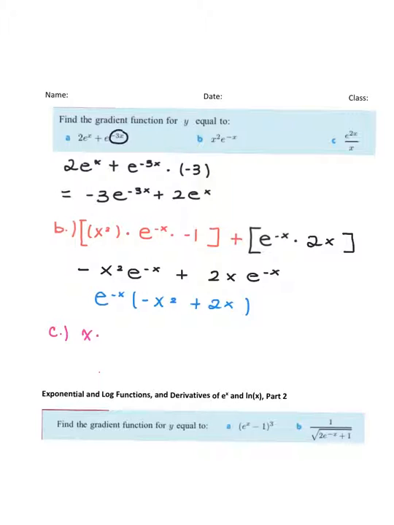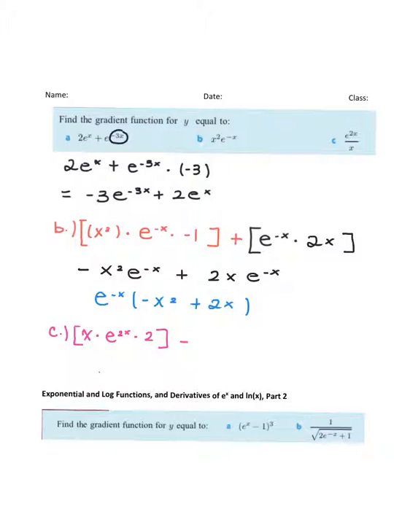Oh, sorry. Low d high, right? So low is this, then the derivative of the numerator. I meant numerator. My mistake, I'm sorry. So it's x times e to the 2x times 2. So low d high minus high d low.